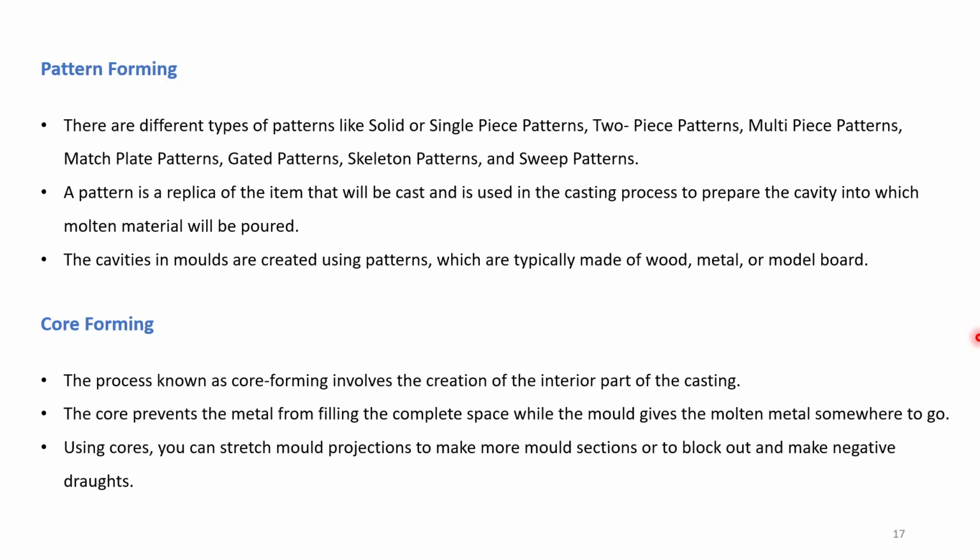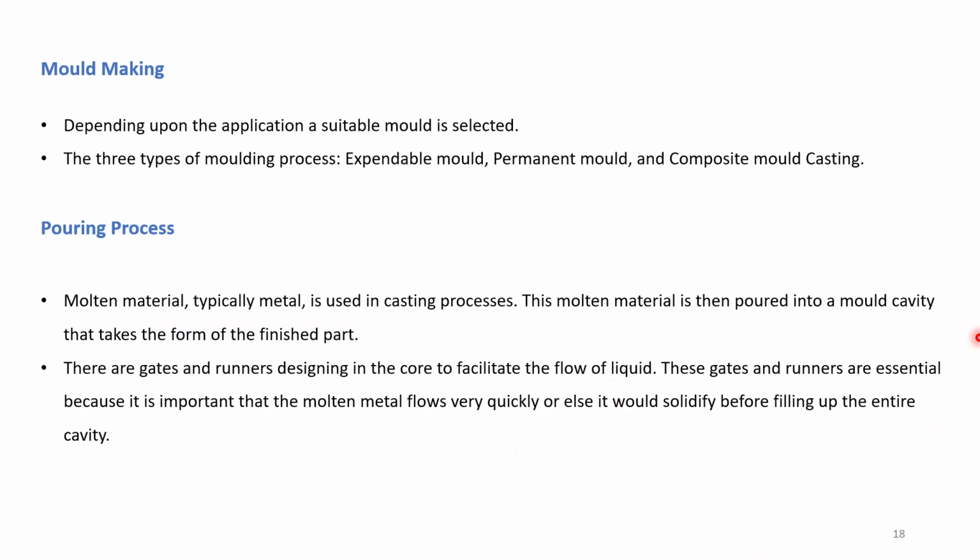Now, mold making. Depending upon the application, a suitable mold is selected, and there are three types of molding processes: expandable mold, permanent mold and composite mold casting. And then after that you will be melting and pouring your metal. Molten material, typically metal, is used in casting processes, and this molten material is then poured into a mold cavity that takes the form of the finished part.